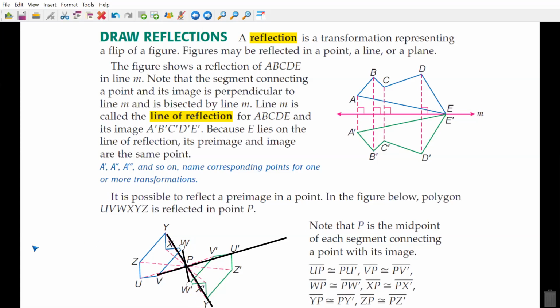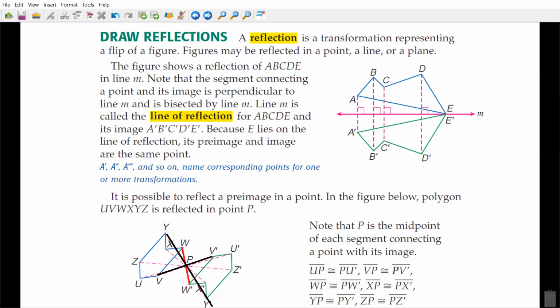Look that the line is exactly the same. And the distance between V and point P is going to be exactly the same as the distance between V and V prime.